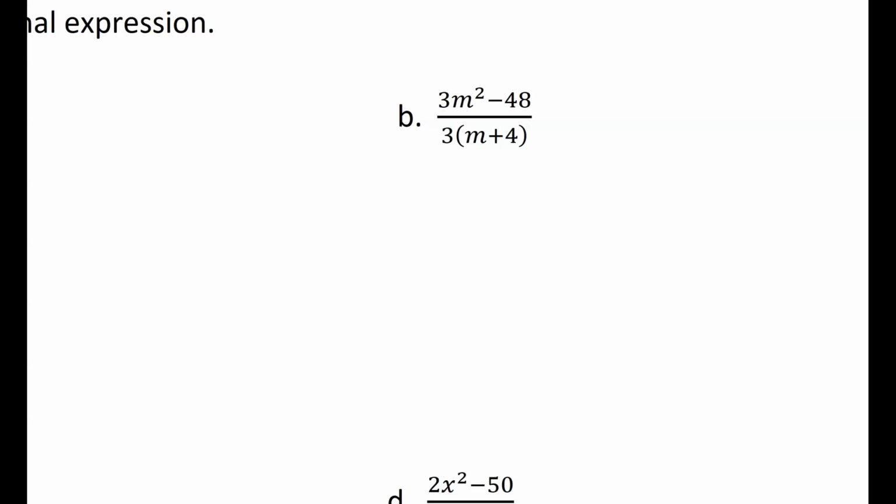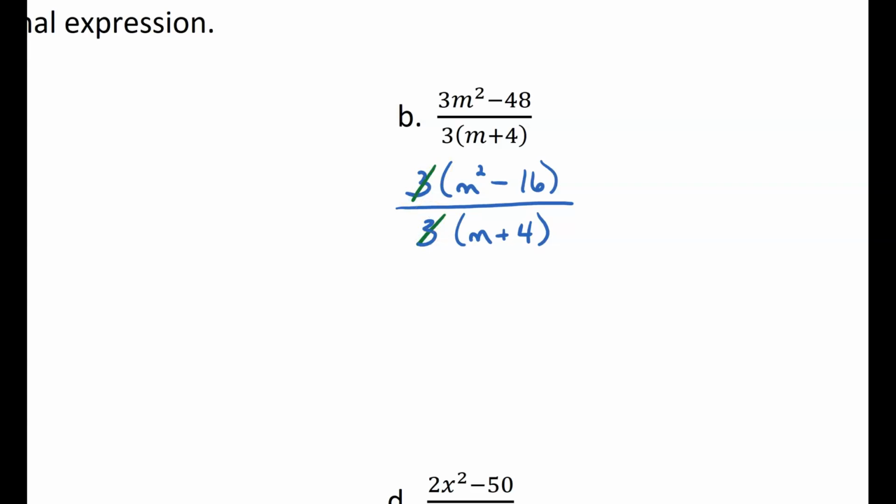A 3 comes out, so that's going to give us 3 times m squared minus 16 all over 3 times m plus 4. Okay, now what stands out? You can divide it by 3. Okay, so we can see that the 3's will divide out, so we can get rid of those.